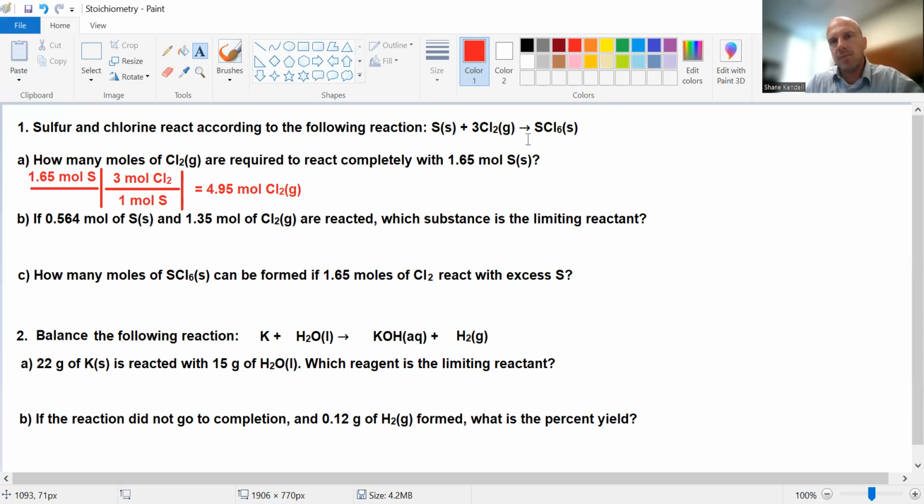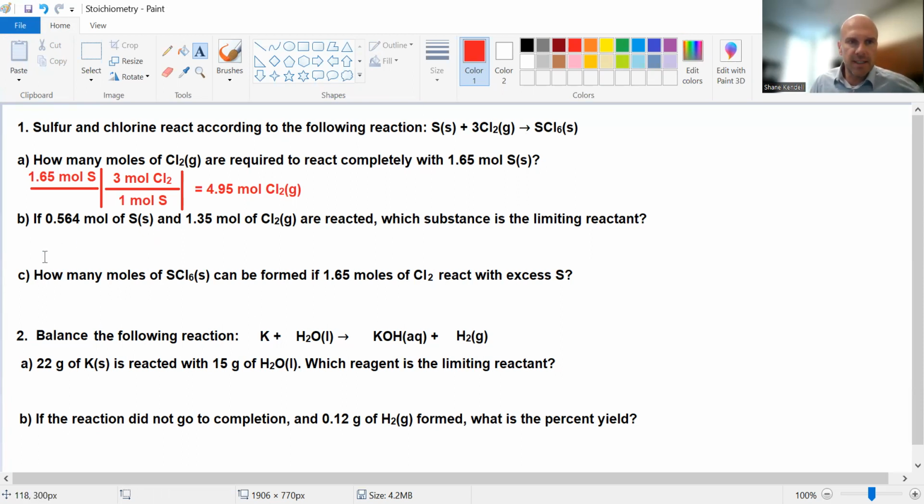But in reality, there may be too many moles of sulfur, or there may be too many moles of Cl2 relative to the stoichiometric ratio. And so the one that's in excess is called the excess reagent, and the one that is not enough for the full reaction to occur is called the limiting reagent.